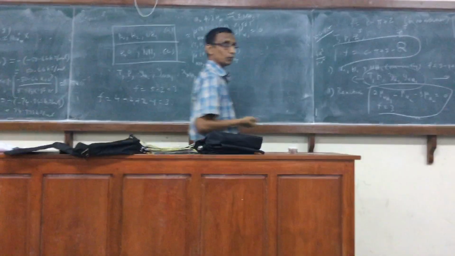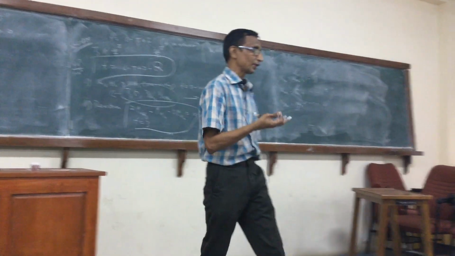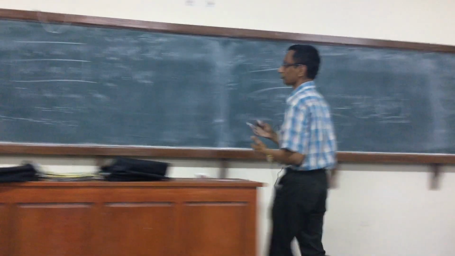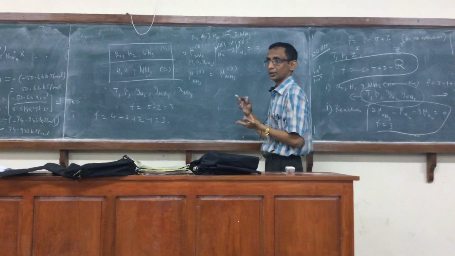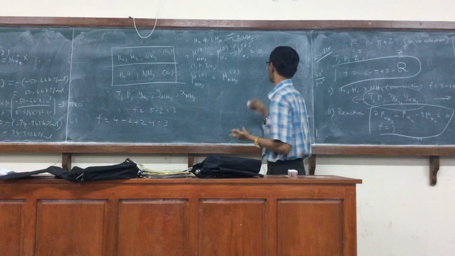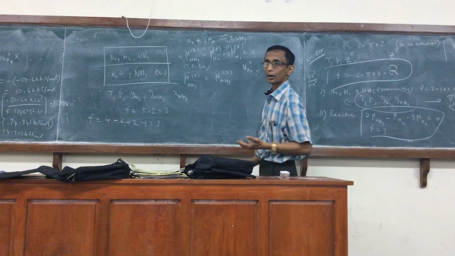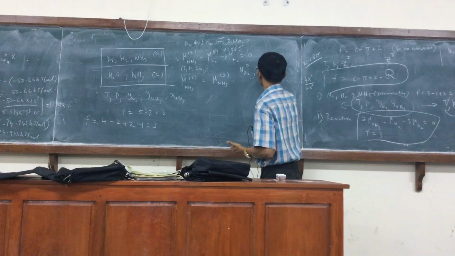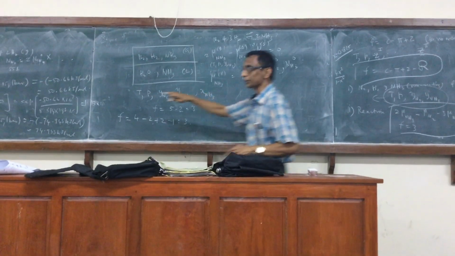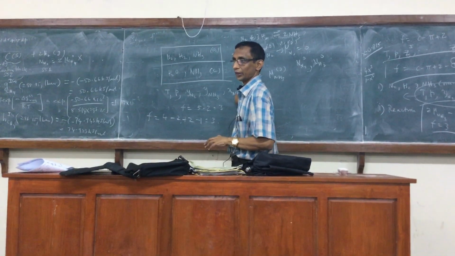All of them have to be found. What is given would obviously be, typical reaction equilibrium effect will come in, so what I am given is N2 naught, H2 naught.